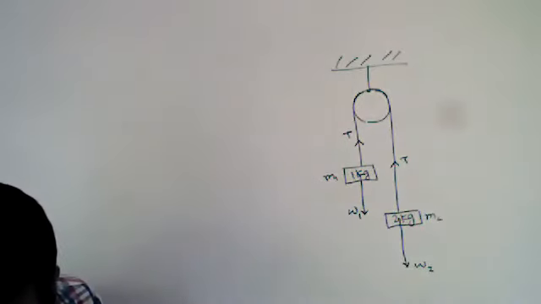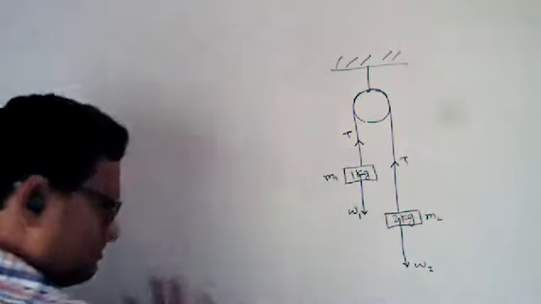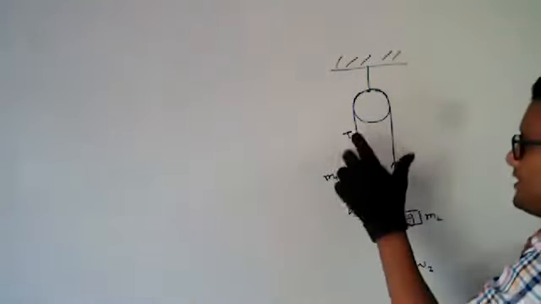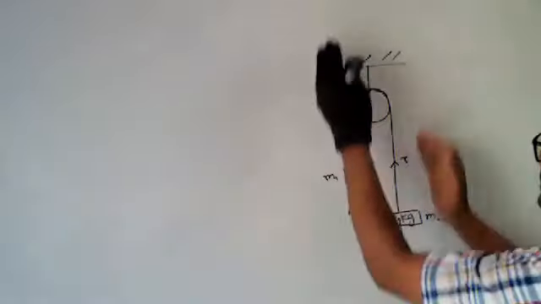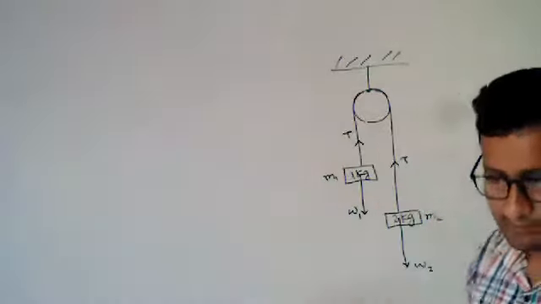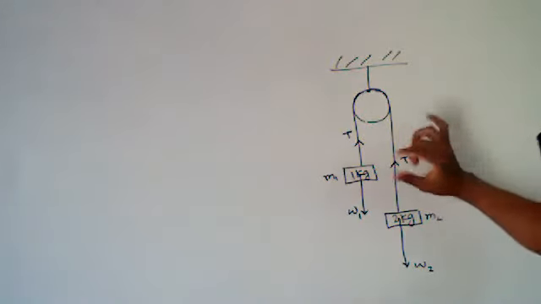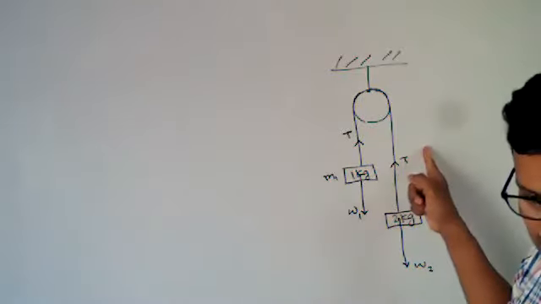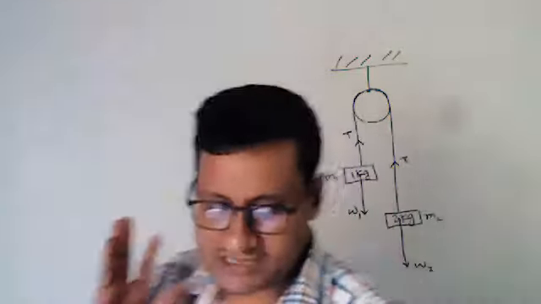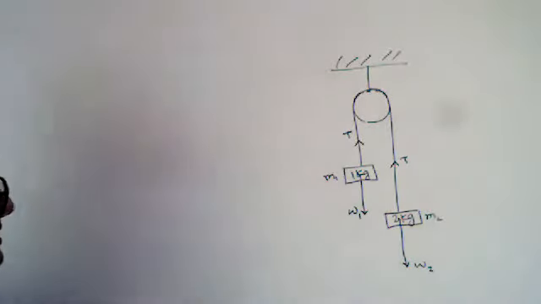Now, the tension in both cases is the same because there is no change of string. The string moves easily over the pulley, so we can say the tension in both strings is the same. If the string is the same, then the tension will be equal. You have to remember this.